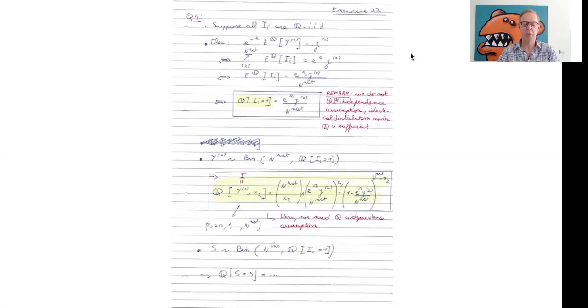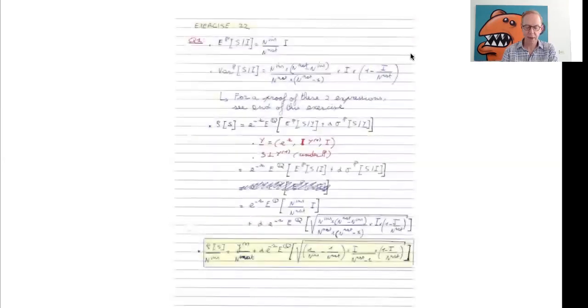Here, of course, the Q independence between the different Ii's is essential. And in the same way, we know that S is also binomially distributed. The insurance claims, the number of insureds who survive, is also binomially distributed with number of trials n insured, and the probability that an outcome is 1 is Q(Ii is 1). So we can find an expression for Q(S is s) from the general expression for the binomial distribution.